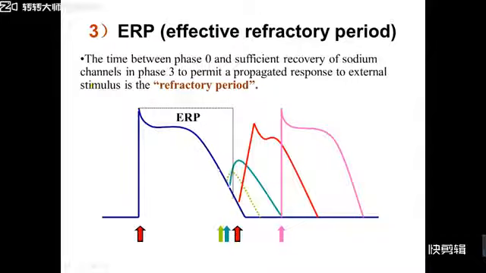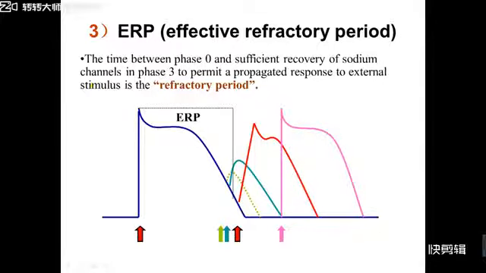And if after the end of ERP we stimulate cardiomyocytes, there will be an ectopic action potential. Stimulating cardiomyocytes will produce an ectopic heart beat, which means heart rate will increase. That means inducing arrhythmias, tachycardia.